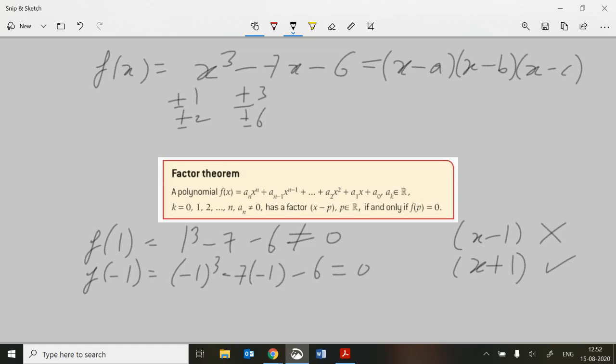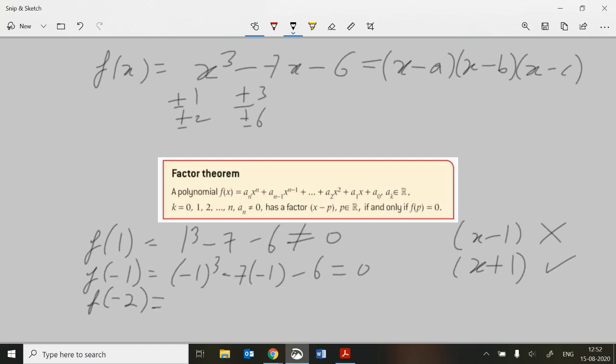So let's try another number. As I said before, it could be 1 times 1 and then times minus 6. Well, let's just move on to the 2s for this one. And again, we're making some guesswork here. So I'm going to put in f of minus 2 here because it wasn't very successful when we put in the positive number earlier on. I'm going out of order here.